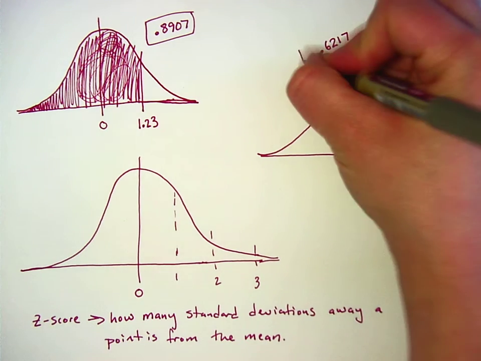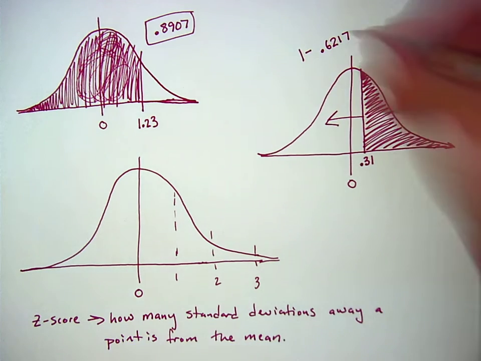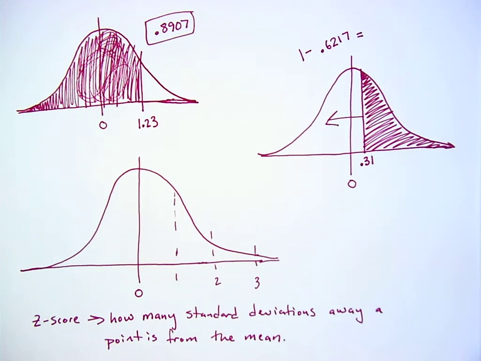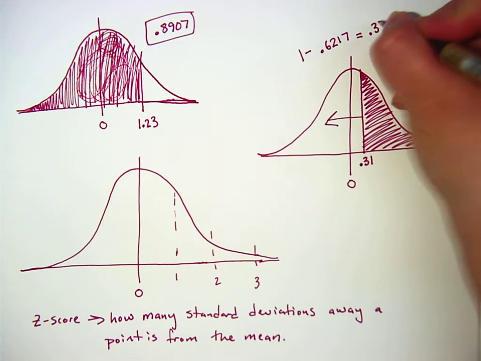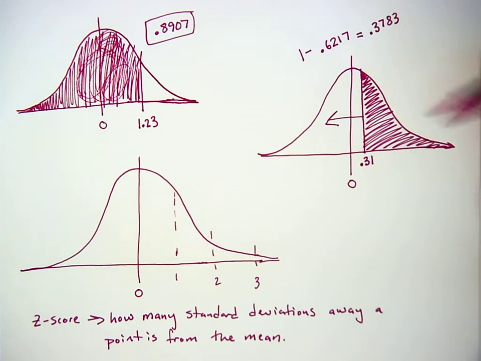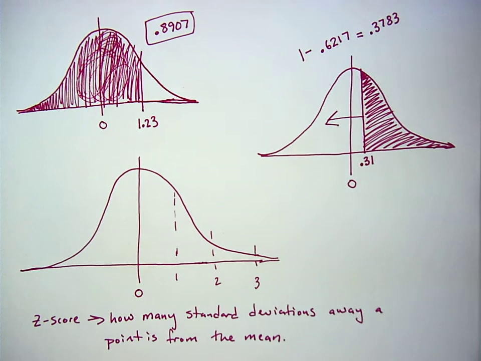So in your calculator, you're going to take 1 minus 0.6217. What'd you get? 0.3783. Okay. Does this look like maybe about 38%? Sure, maybe it's not a perfect picture, but you can definitely see that it's less than 50%, so that makes sense.